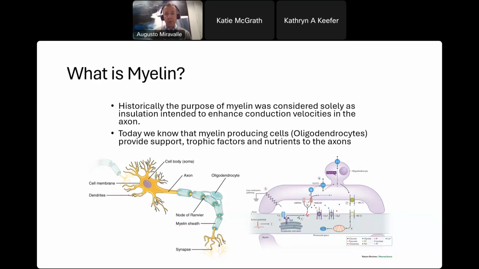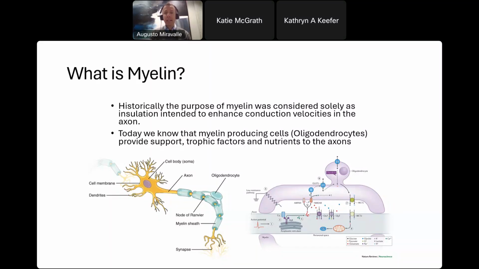And I'm going to point your attention to a cell that we call oligodendrocytes. And we are going to talk a lot about oligodendrocytes today. You perhaps will see acronyms that relate to myelin and remyelination that include an O. So anytime you see an O in those acronyms, that stands for oligodendrocyte. And that's a cell that produces myelin.